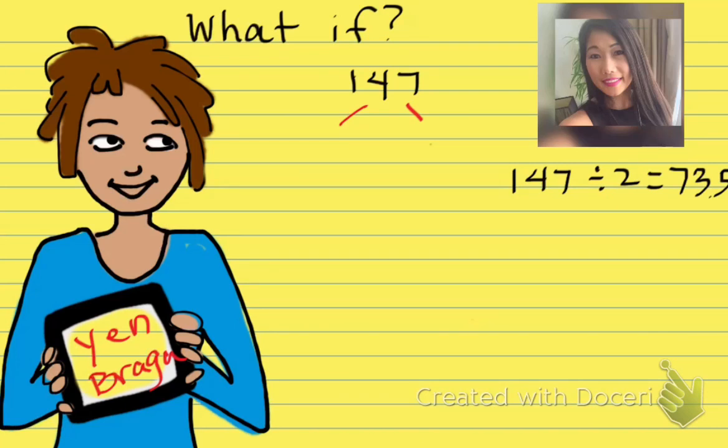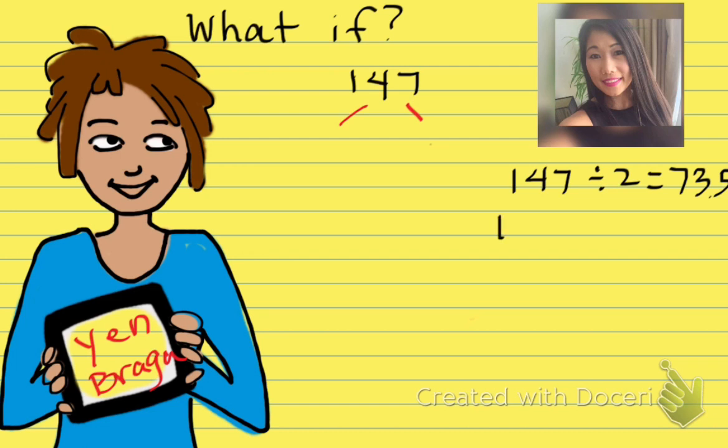So what if we have larger numbers, for example 147? Find the prime factors of 147. So another method which can work well with larger numbers is to divide by the prime numbers from smaller to larger in turn. For example, we divide 147 divided by 2 equals 73.5. So 2 is not a prime factor.